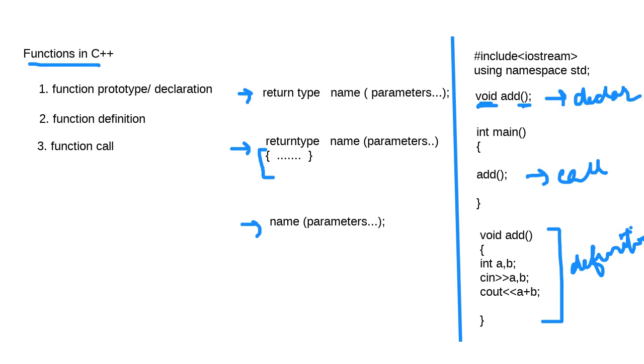What are the other types of functions? And in what other ways can we declare a function? What are the types of functions? One is without any return type, without any parameters, right? Any doubt till here for anyone? We have already studied this before also.